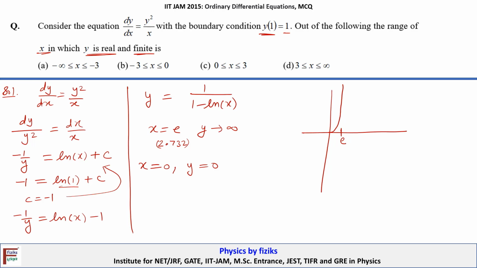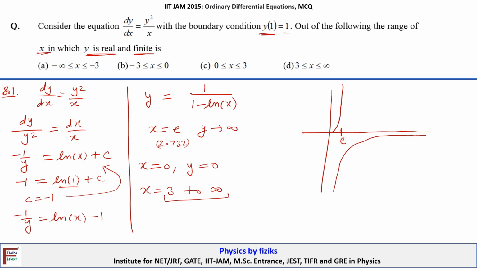And what after e? After the value of e, the function starts again from the negative. Suppose we take a value of x more than e, then the function is gradually increasing and tending to 0 as x goes to infinity. And what happens if we take x from 3 to infinity, meaning in the positive range?